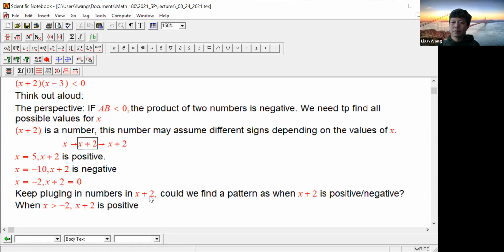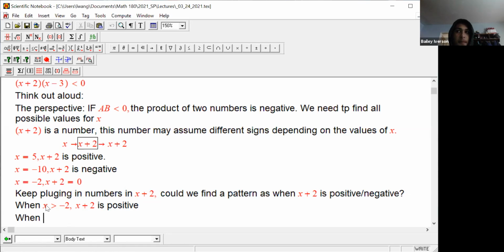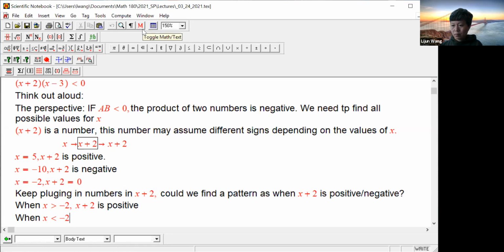What else have we found? When x is less than -2, it's negative. Perfect. When x is less than -2, x plus 2 is negative.